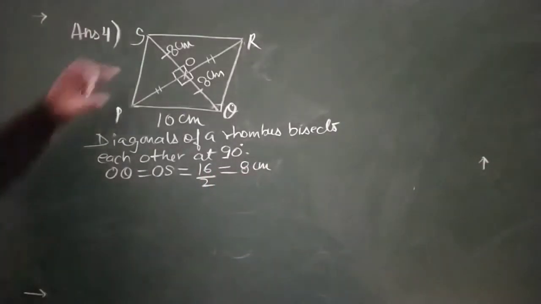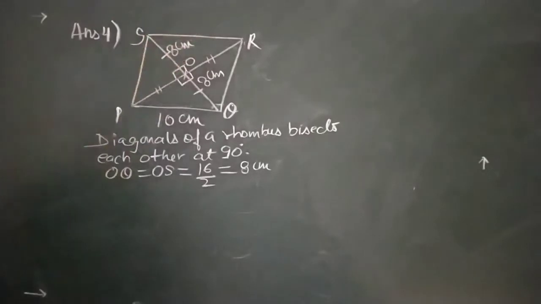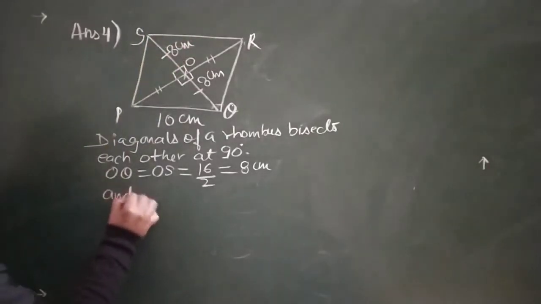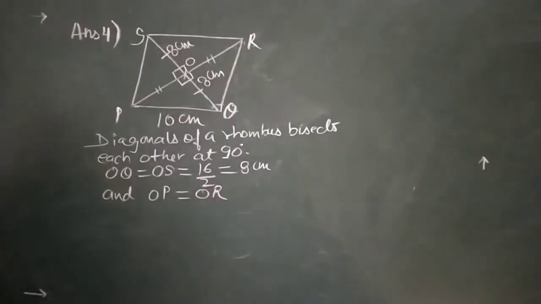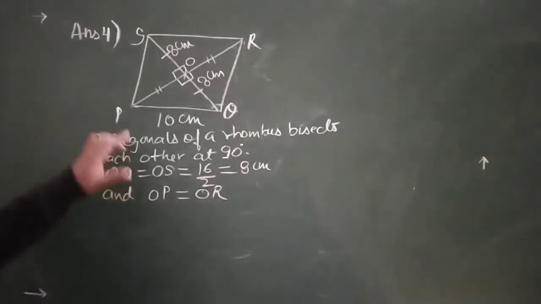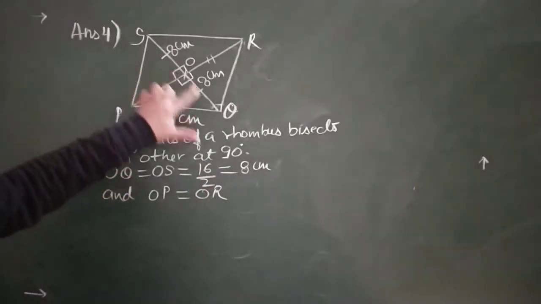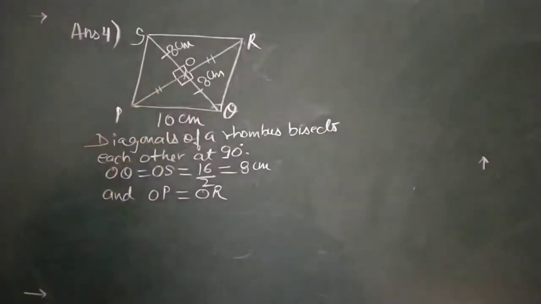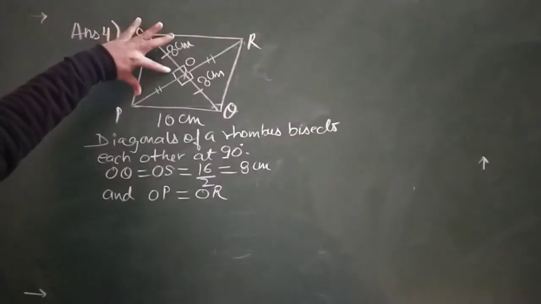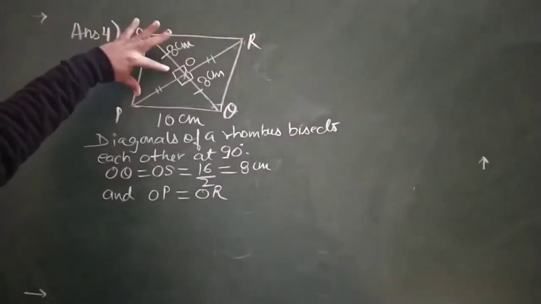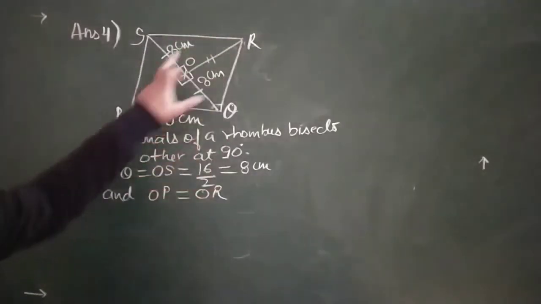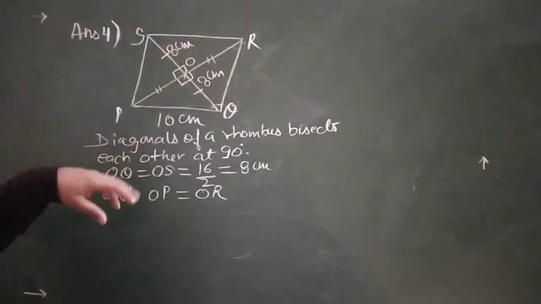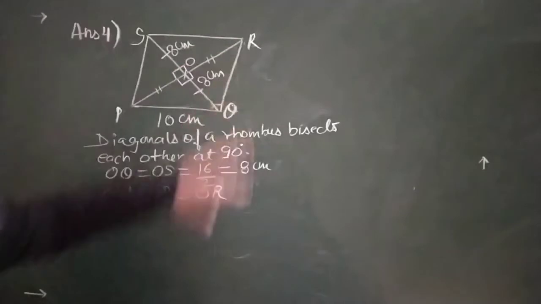In the same way, OP will also be equals to OR. Now, how to solve this question? First of all, you are seeing this triangle POQ. From this triangle, I will apply the Pythagoras, and by that I will find out the length of OP. And the length of OP will be equal to length of OR. It means by their sum, I will be able to get the length of PR.